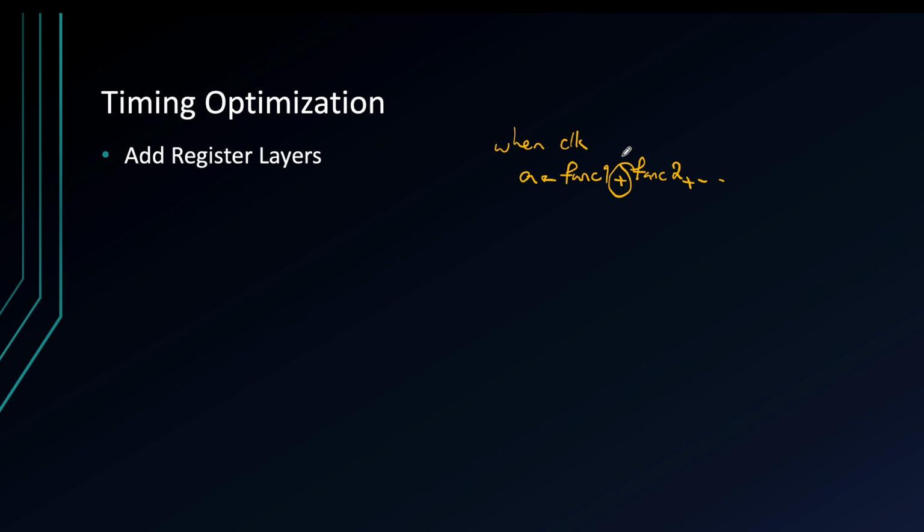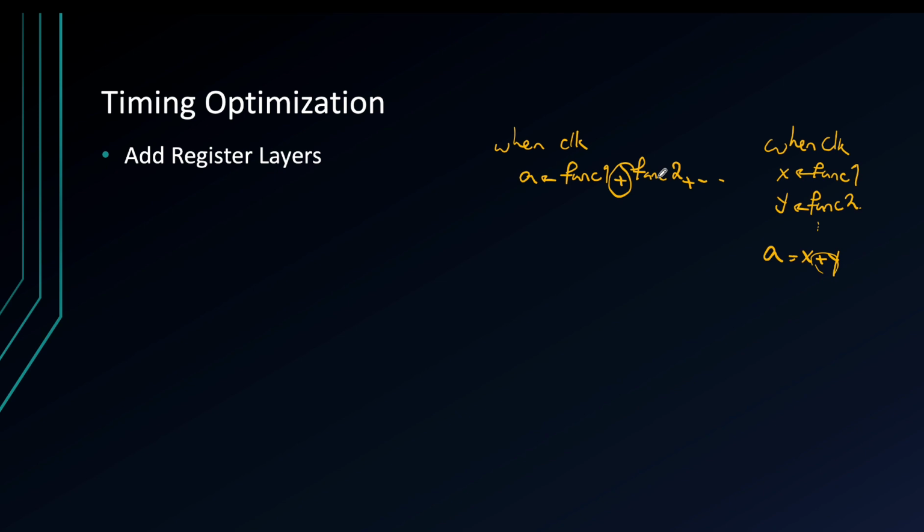So what you can do is break it down into different clocks. You say, for example, when clock, X is function 1, Y is function 2, and so on and so forth. And then you can go, A is X plus Y. And this addition sign, just like this one here, is just how you want to combine them.